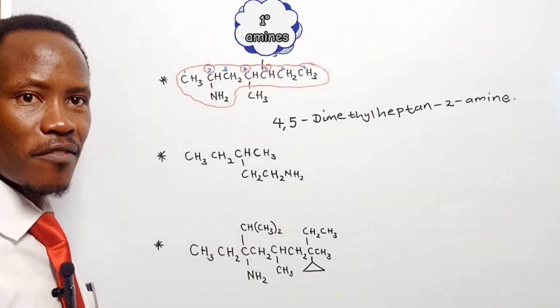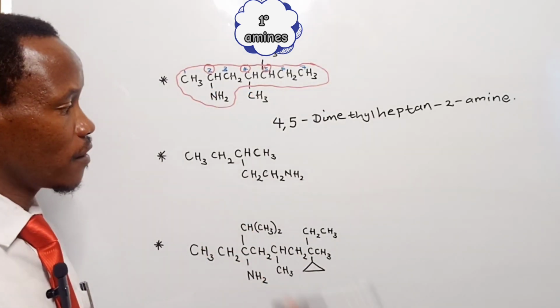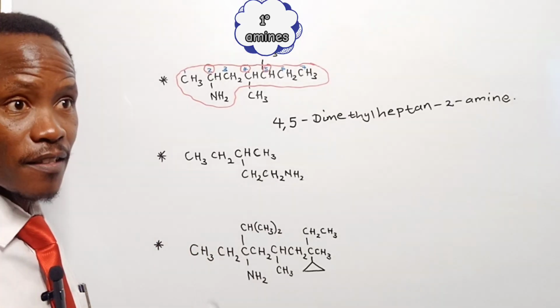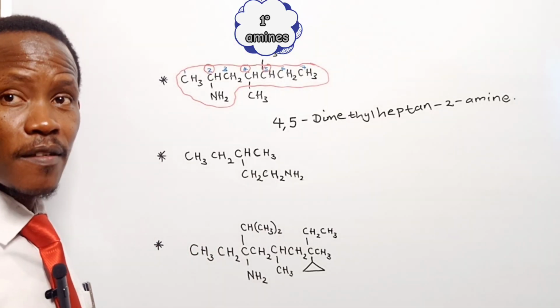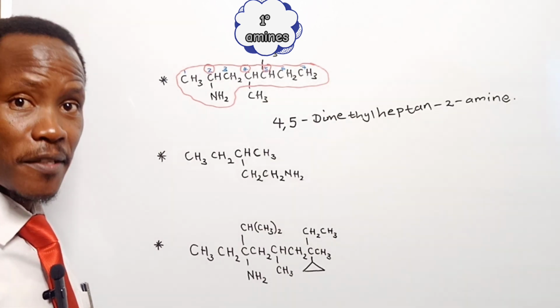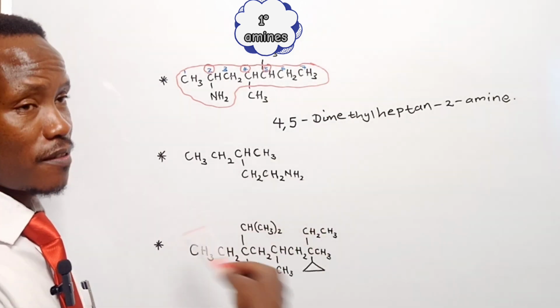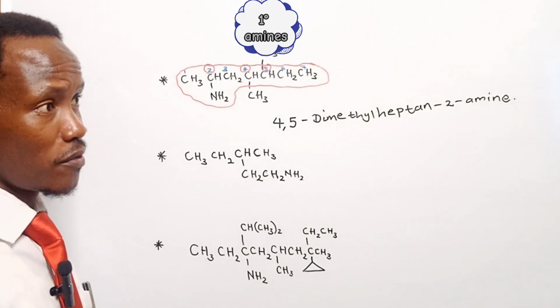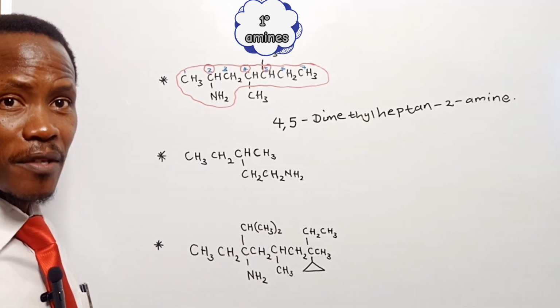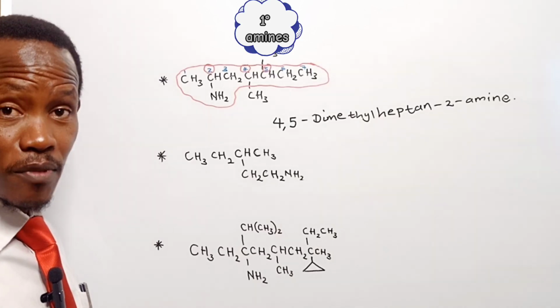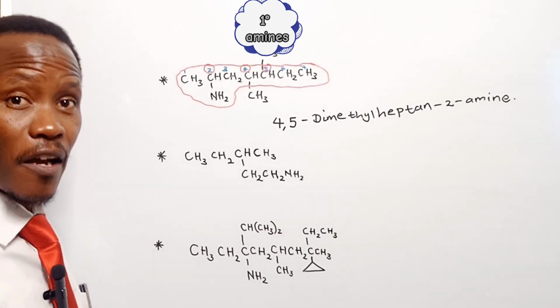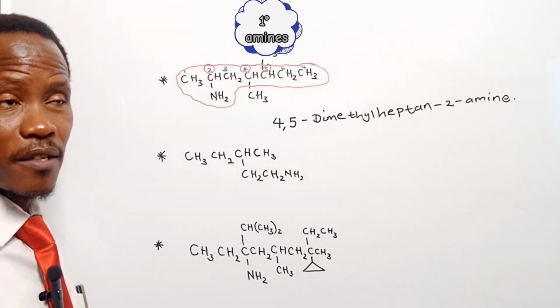So following from above, when we are naming this, the same guideline, number 1 says to identify the parent chain. As I've said severally, in order to obtain the correct parent chain, always traverse the given compound. If you traverse and see all the possible carbon to carbon connections, then you will be able to successfully and accurately obtain the correct parent chain.